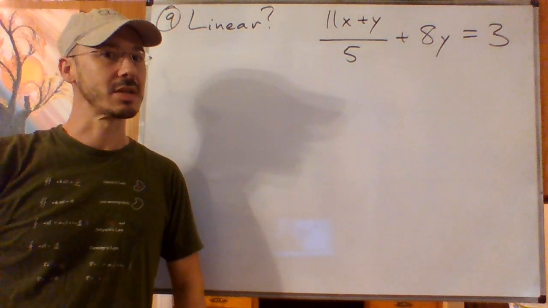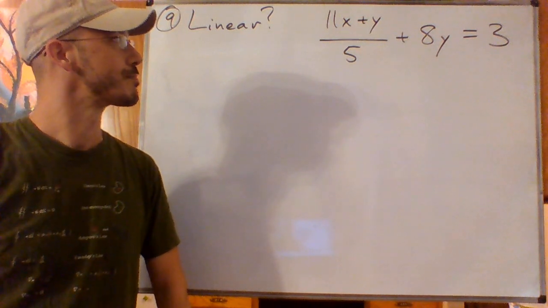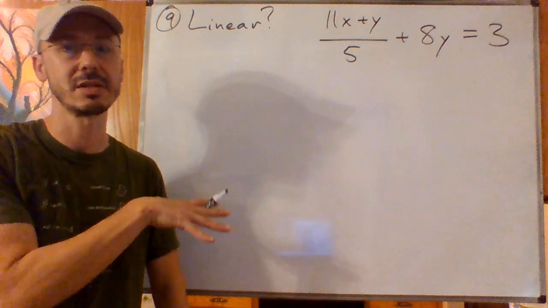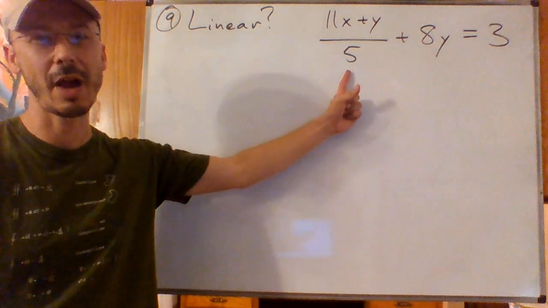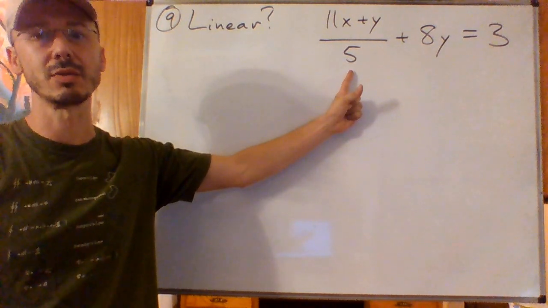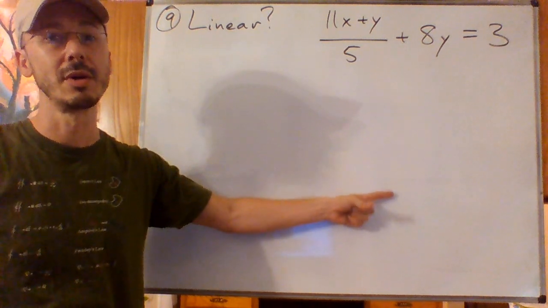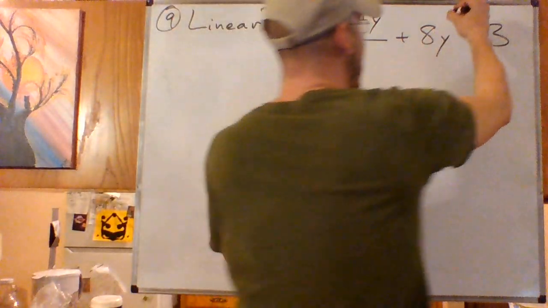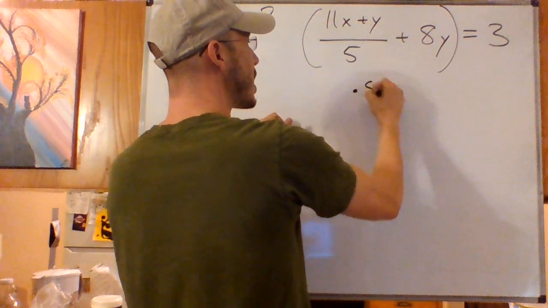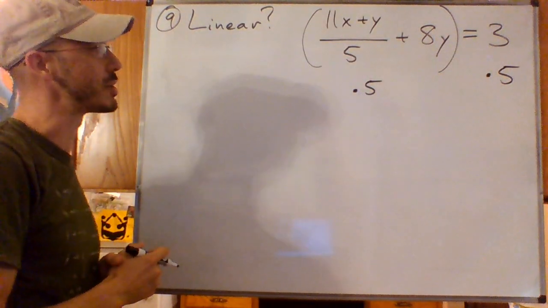Again, it's a little hard to tell just from looking at it if it's linear or not, but I want to do something here that's going to be a helpful technique in this section, but also in the future. When we have fractions, it's just one more complicated thing to work with. And if you keep the fractions, it's in every step. But what we can do is multiply both sides. This whole side times 5, and this whole side also times 5 to keep it balanced.